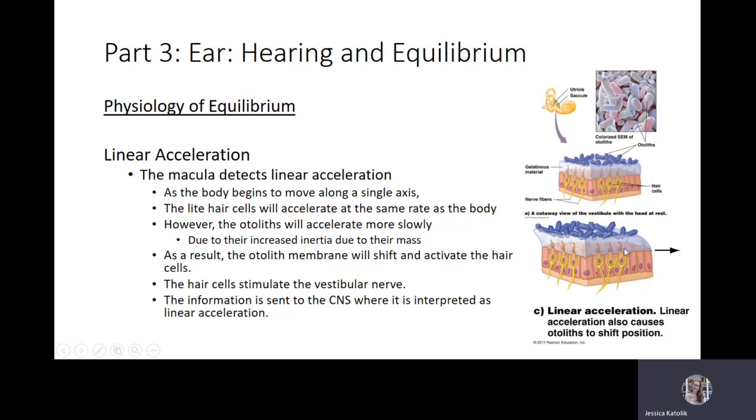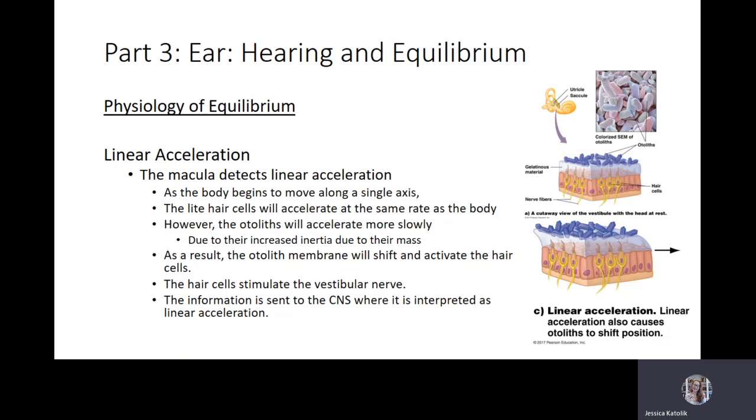As it shifts, it's going to cause the stereocilia and the kinocilia on the hair cells to bend. When it bends, that'll activate the hair cell, and the hair cell will produce a neurotransmitter that will activate the vestibular nerve and carry that information to the central nervous system. The central nervous system will interpret that as linear acceleration.